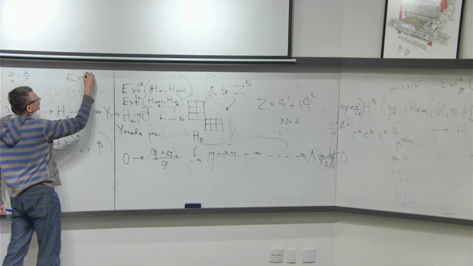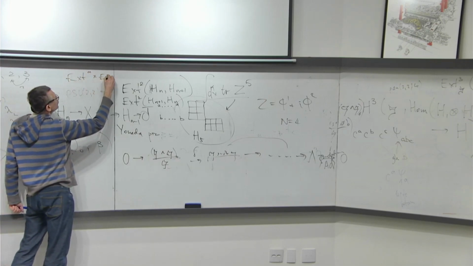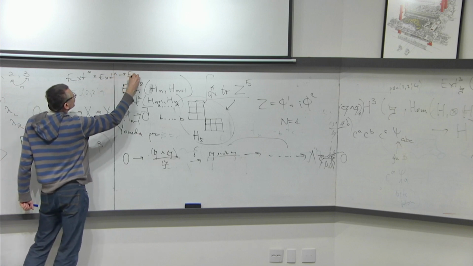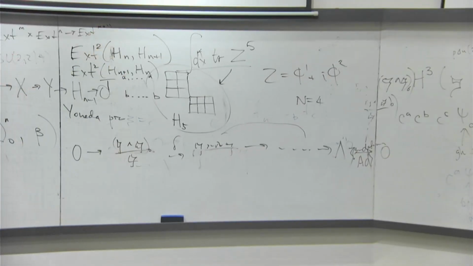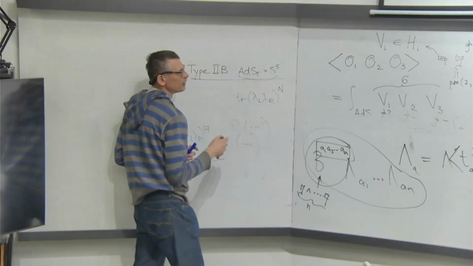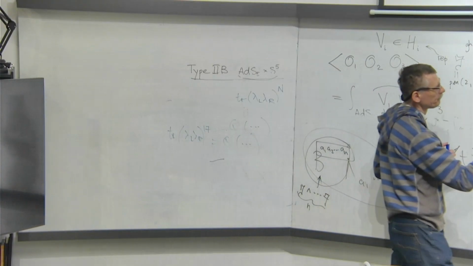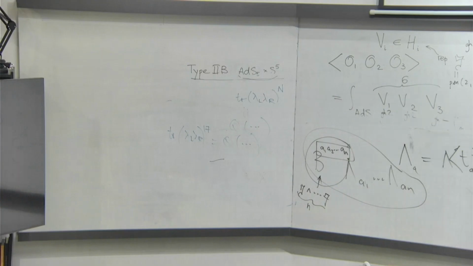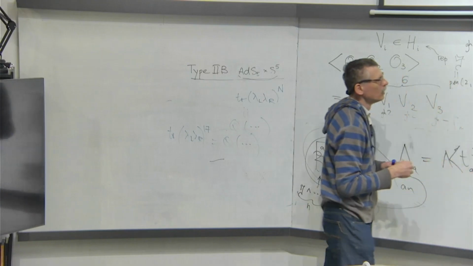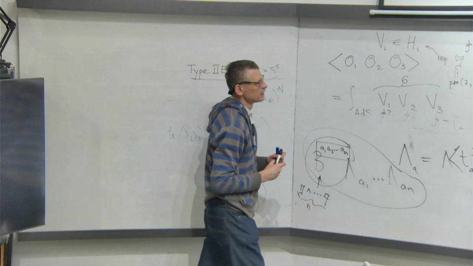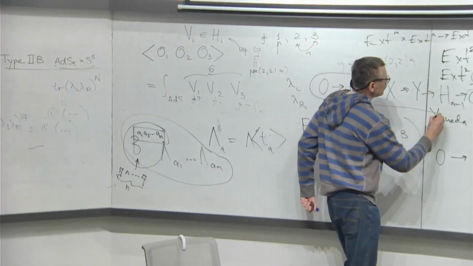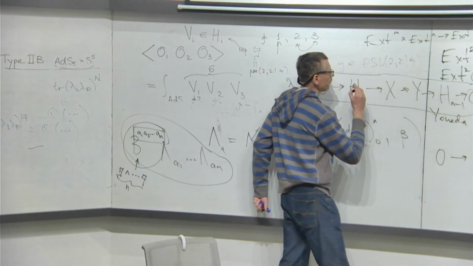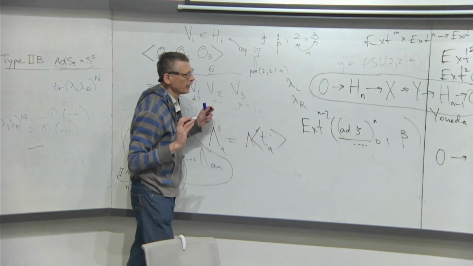The product acts from Ext^m times Ext^n to Ext^(m plus n). So the conjecture is that the resolution of such invariant polynomials would give me the chains of products of these sequences. This is very far from proof, and it's a wild guess.